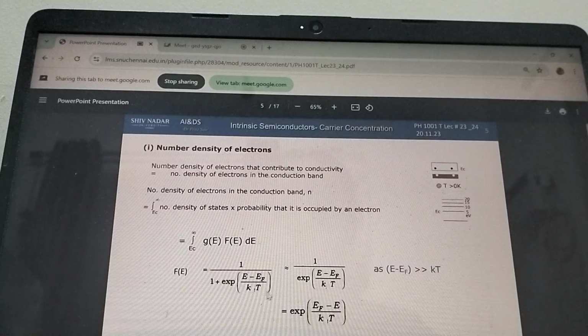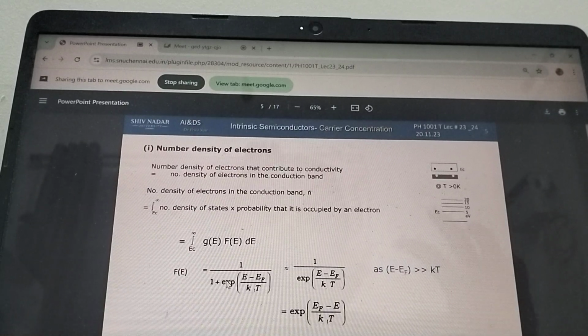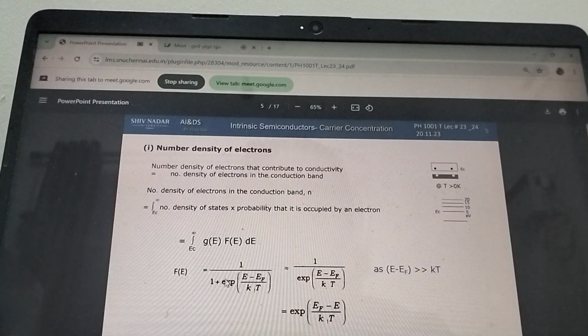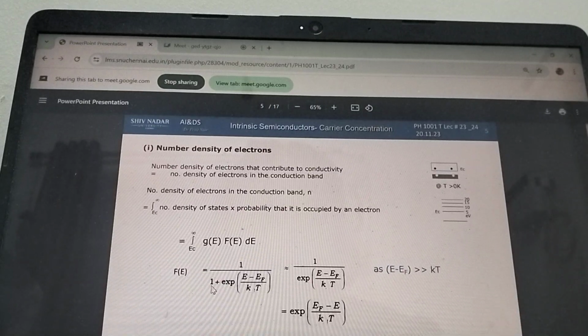Now this whole e to the power term is going to be very large. It's almost going to be close to infinity, because we are looking at a large interval from EC up to infinity, so you're dealing with a very big set of energy levels. So adding 1 or dropping the 1 does not make a big difference.